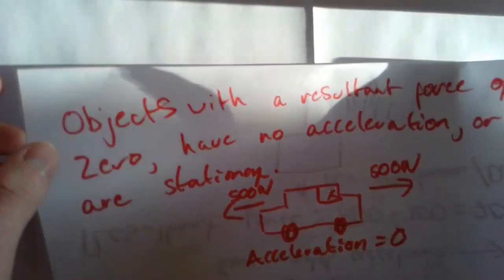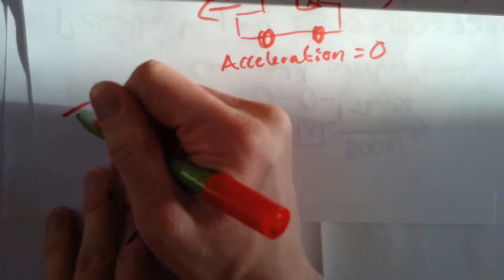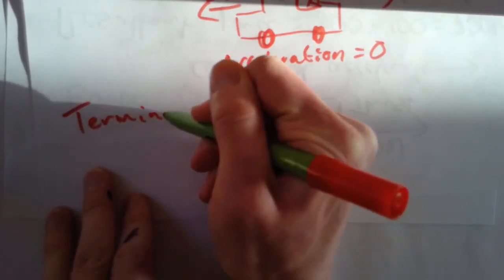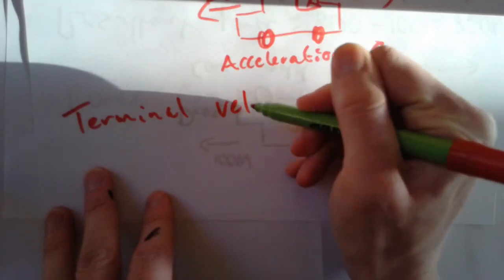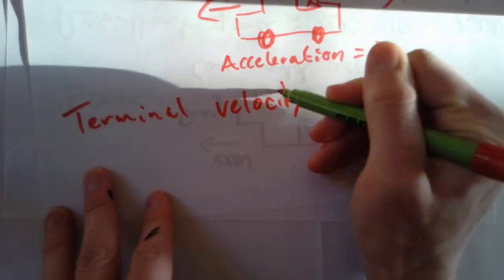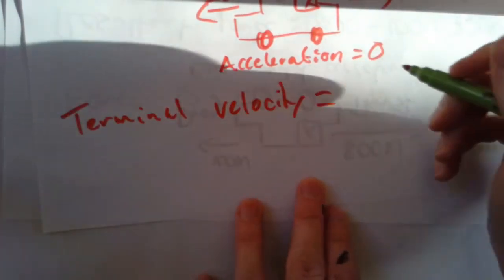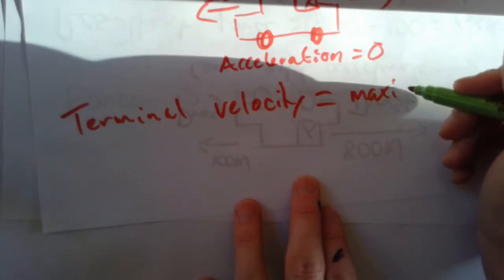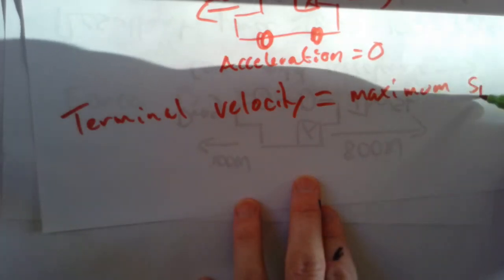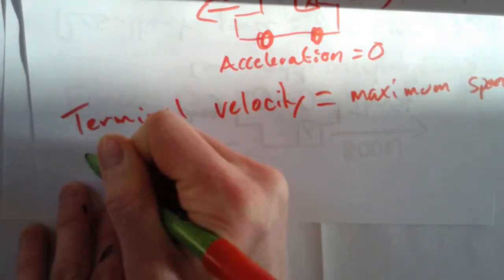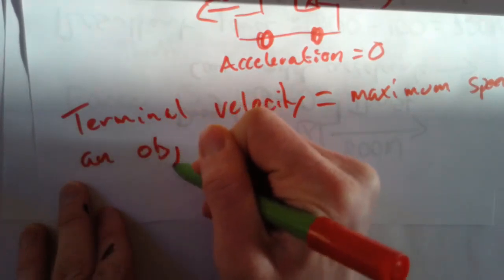In science, we call top speed terminal velocity. So terminal velocity is the maximum speed an object can reach.